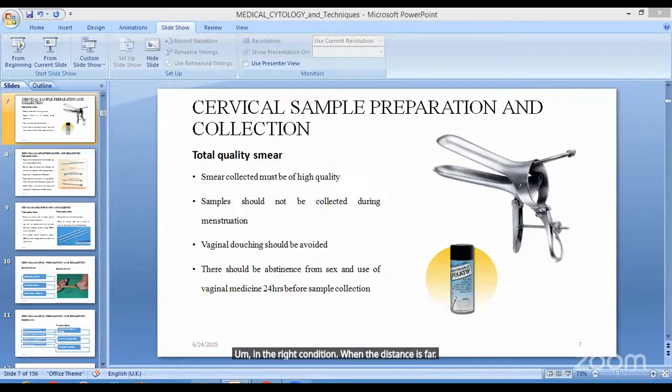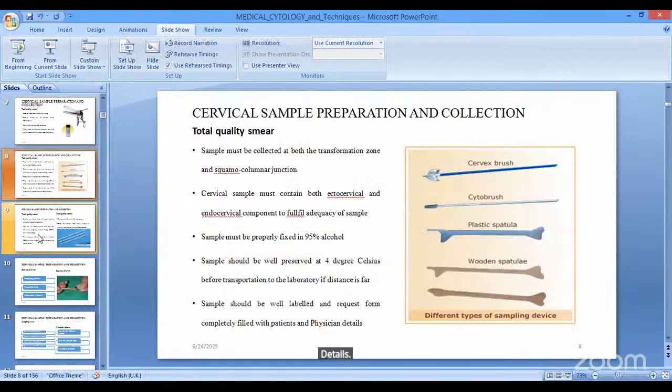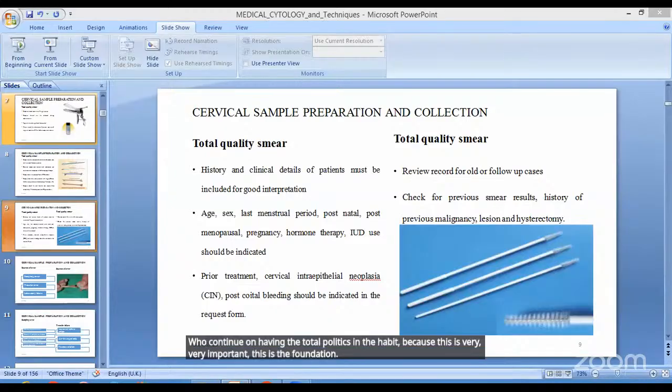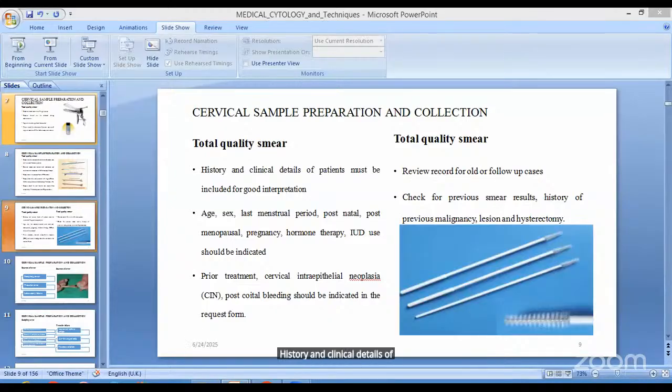Then samples should be well labeled, and the request form should be completely filled with the patient details and the physician details. We'll continue on having the total quality smear because this is very, very important. This is the foundation. History and clinical details of patient must be included for good interpretation.